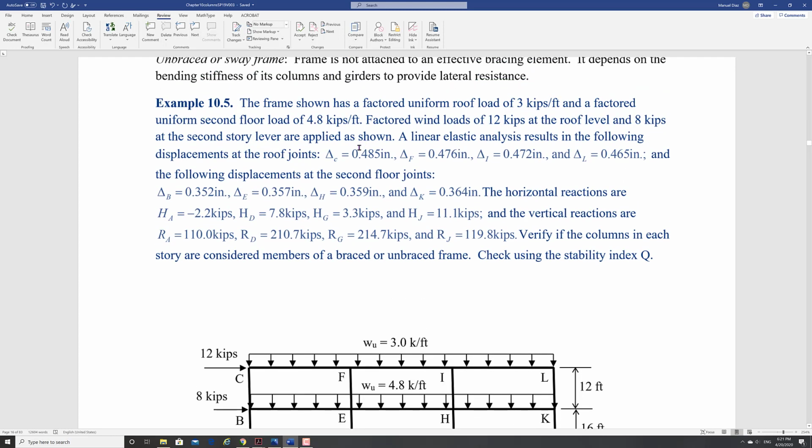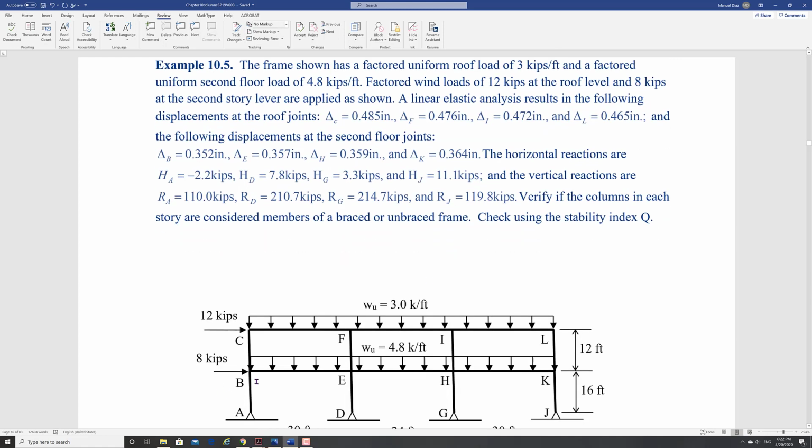And so we have all these loads, and we do a linear elastic analysis. So this is just a regular first order analysis. And you find the displacement of the joints C, joint F, joint I, joint L. You get your displacements.